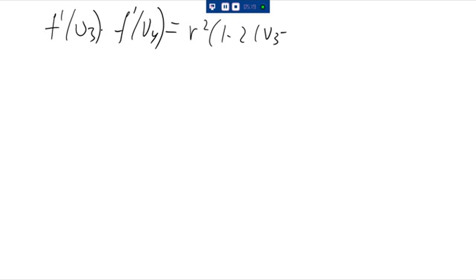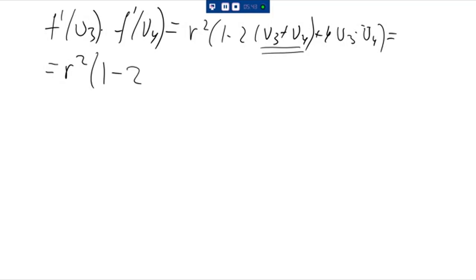And after putting this, we will get f prime at u3 times f prime at u4 will be equal to r squared times 1 minus 2 times u3 plus u4 plus 4 times u3 times u4, and this will be equal to r squared times 1 minus, now we have the formula for u3 plus u4, it was r plus 1 over r, and we also had the formula for u3 times u4, it was r plus 1 over r squared.